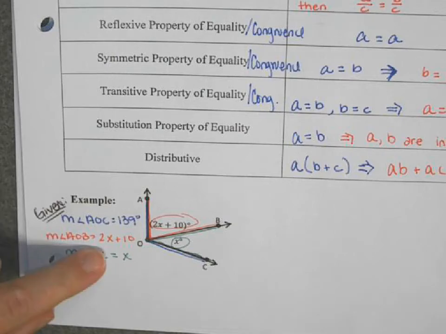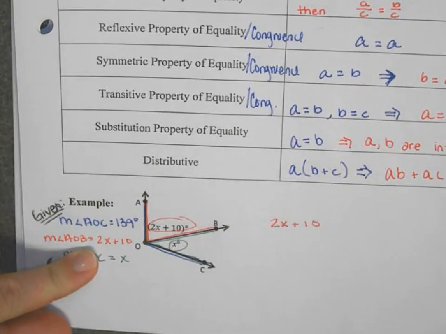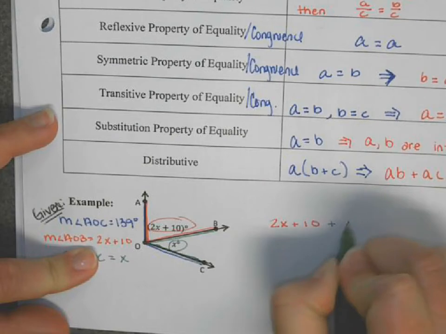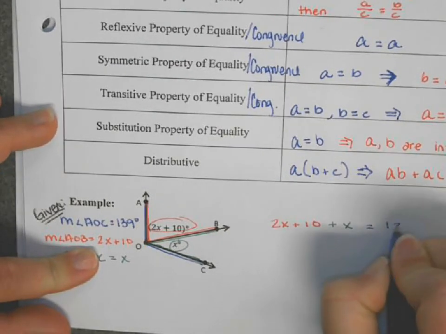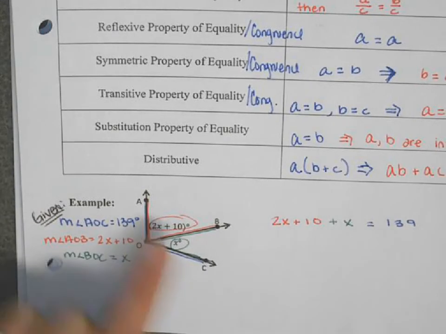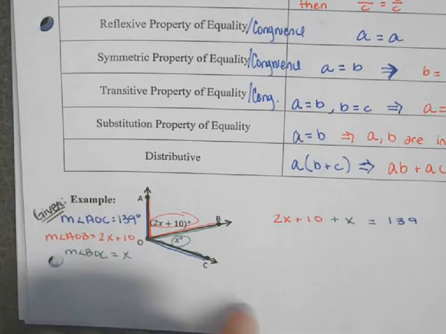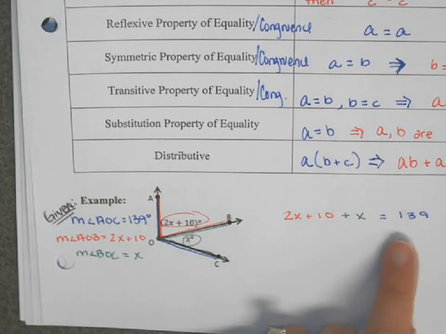So your 2x plus 10 plus the x equals 139. Okay, because part plus part has to equal the whole thing. That's your algebraic setup.